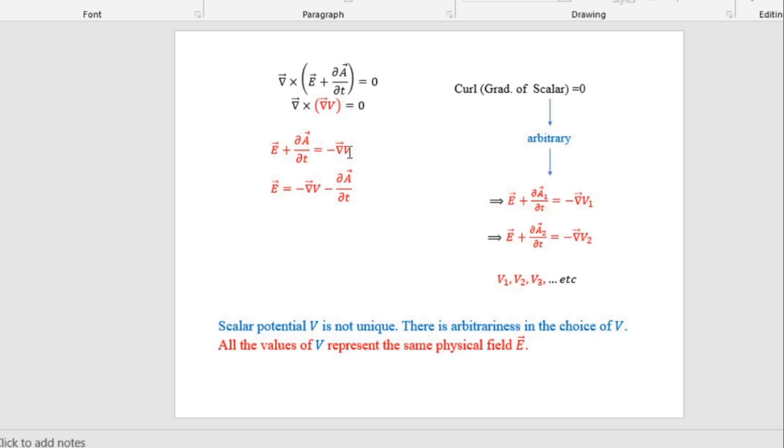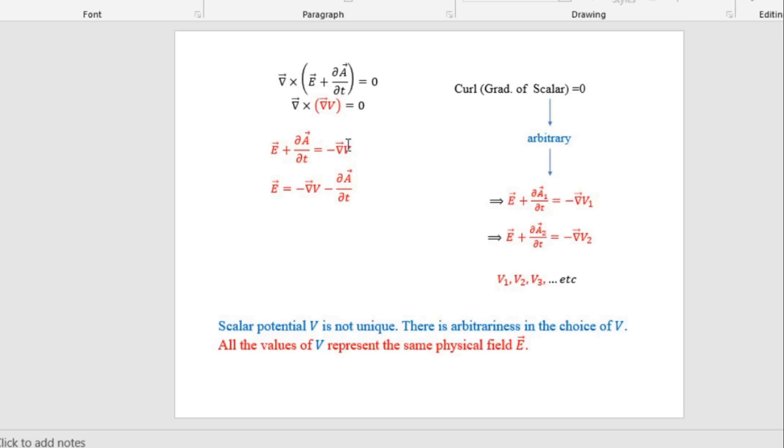Initially we have taken this arbitrary scalar as V, and we have defined it as the scalar potential, but in fact we can take any arbitrary scalar in this position, and they will all satisfy the original equation.